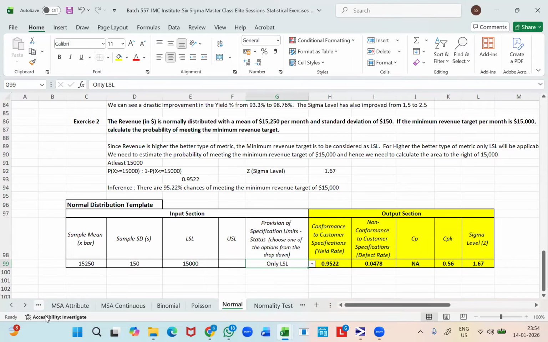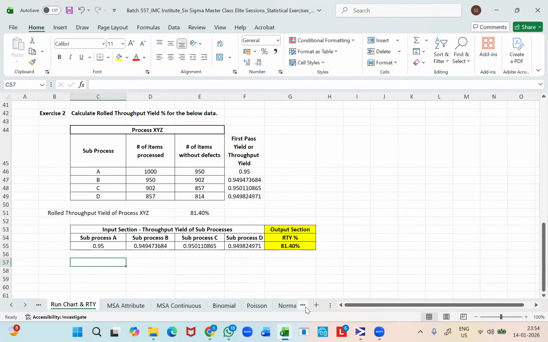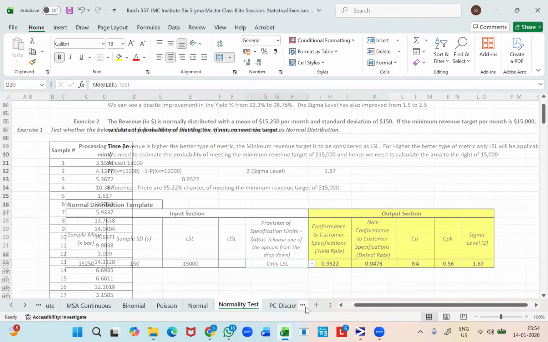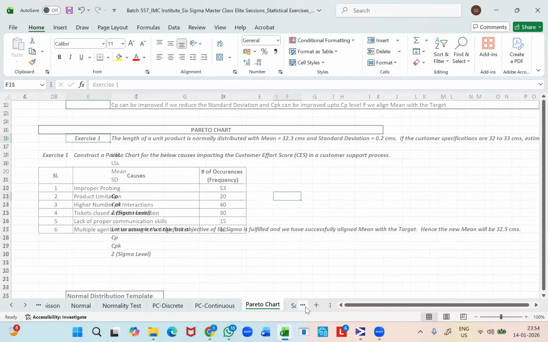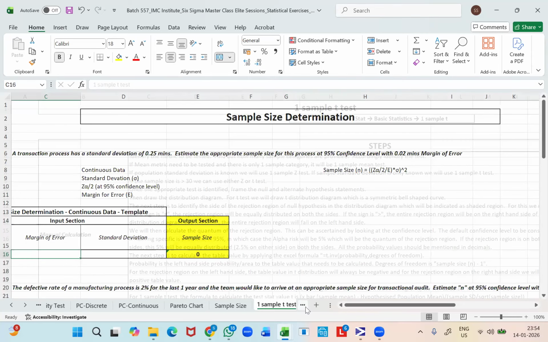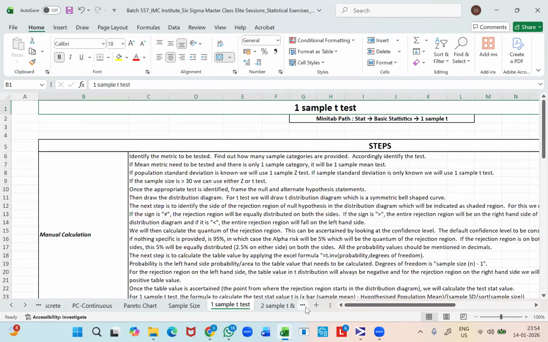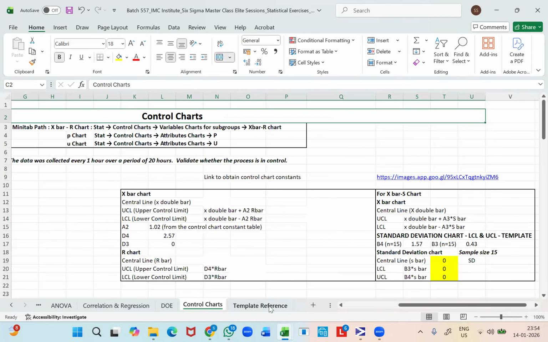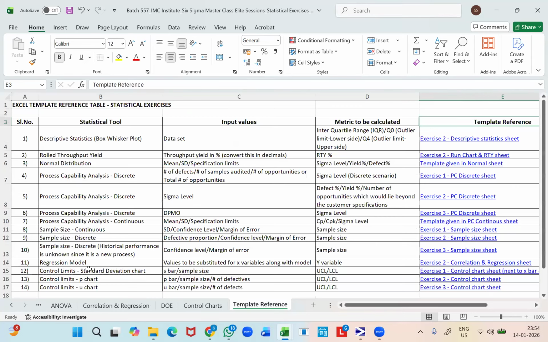So in case you have some confusion with regard to identifying the right template, you don't have to worry because I have given the template reference sheet at the end of this file. So the final sheet in this exercise file is the template reference table, right? So this would actually help you to identify the right template for a given scenario.